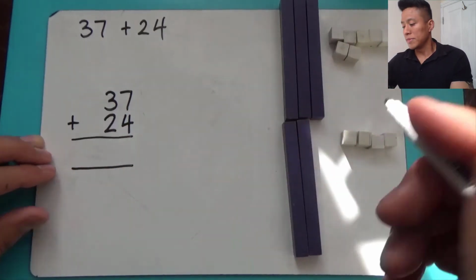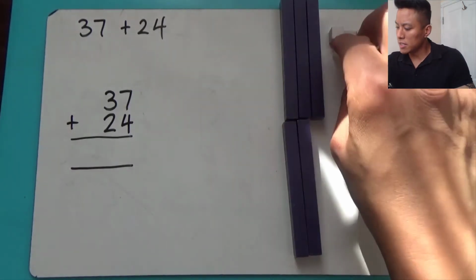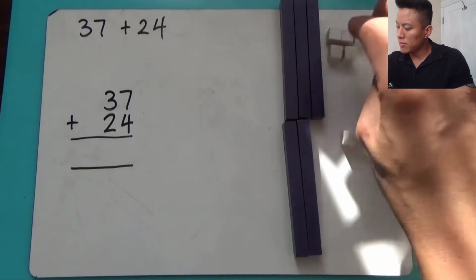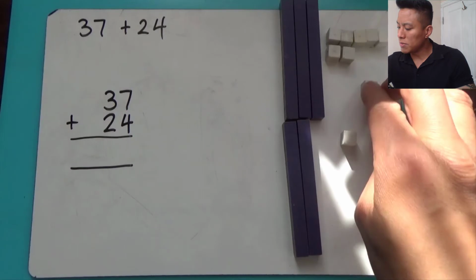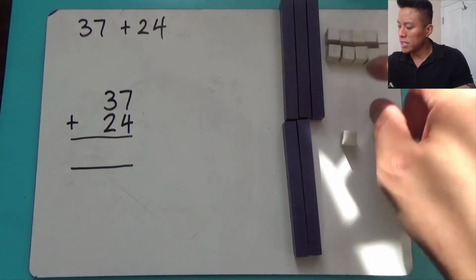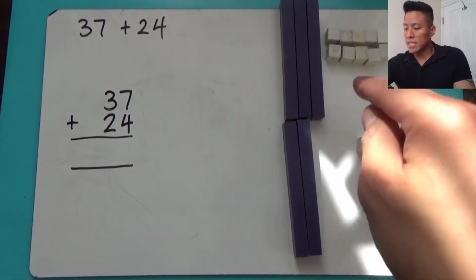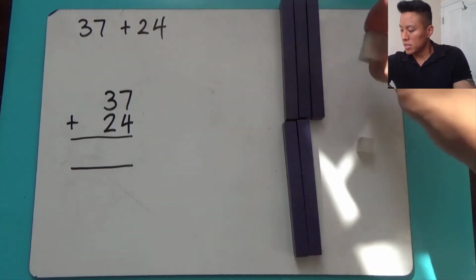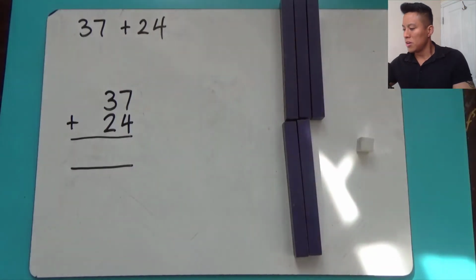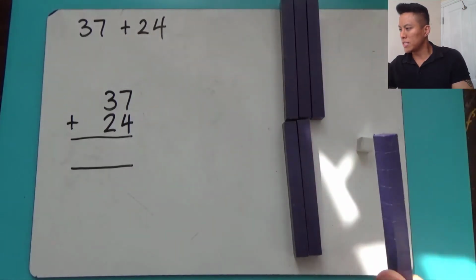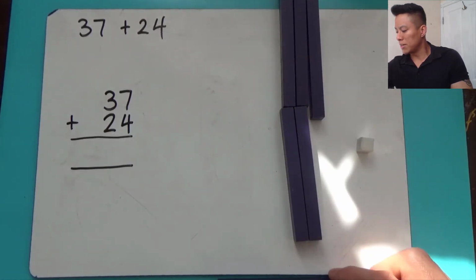Now we already know about exchanging. I've laid it out here: 1, 2, 3, 4, 5, 6, 7. I know that 7 and 3 makes 10. I'm going to move those 3 up there, so here's my 10. Now I'm going to exchange the 10 ones. Now I've exchanged it, and as before I'm going to put my 10 down here.